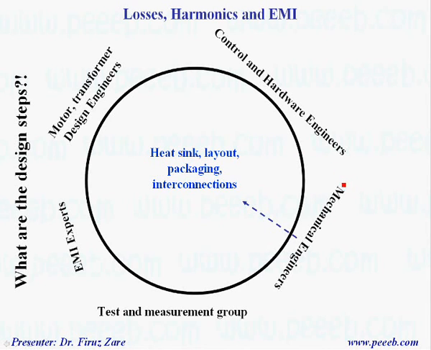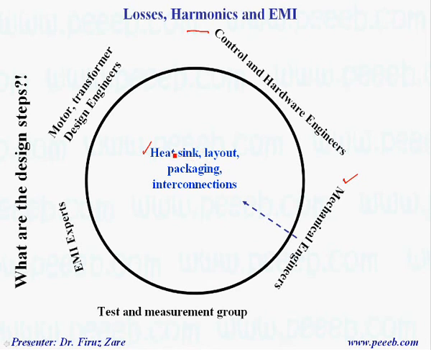So the next group is mechanical engineers. If there is a thermal problem, or some problem associated with interconnection, they can look at the system and may design a heatsink, if we can't improve the losses or can't change the switching frequency because of other design issues such as harmonics.